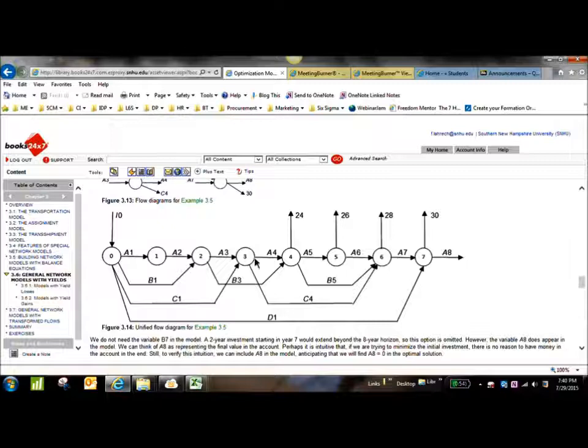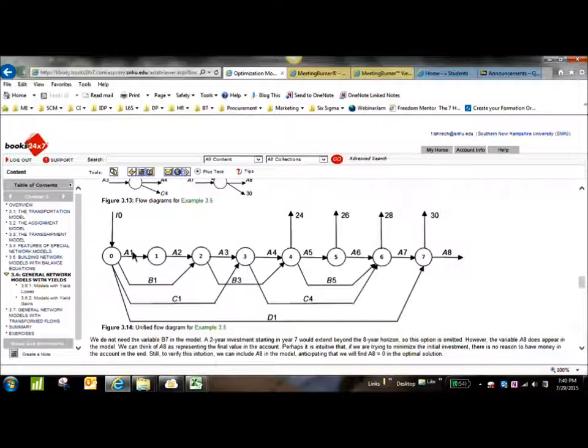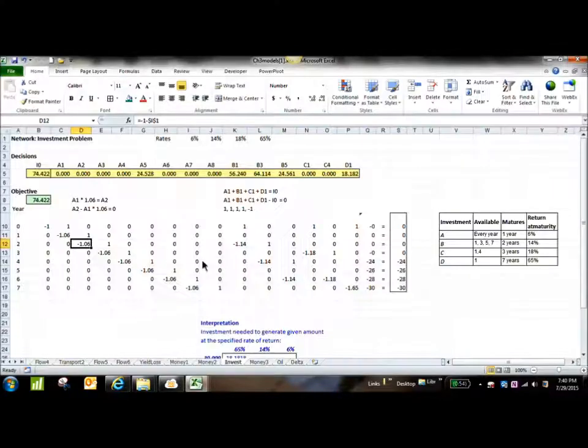The other values that will be negative are the ones on the left side. See, this side here, A1 will have a negative coefficient, where this one will be a positive coefficient. On the next year, this will have a negative coefficient and this will become a positive coefficient. Look at this.